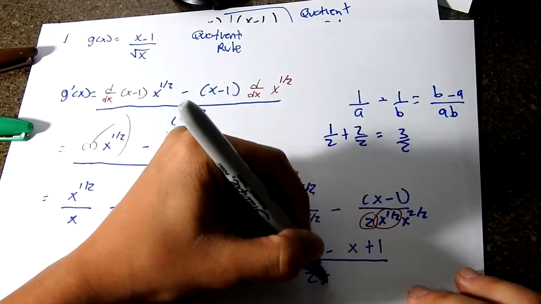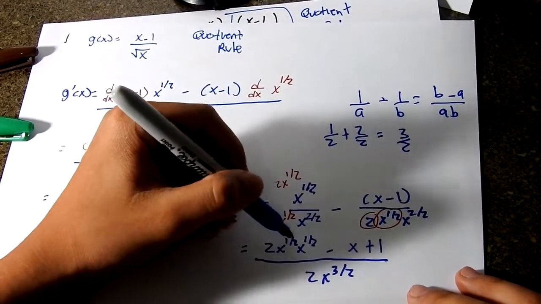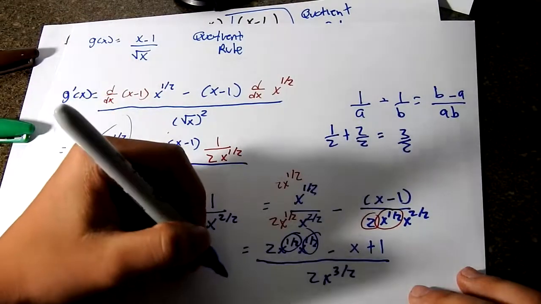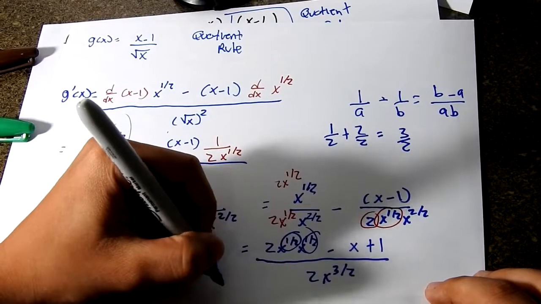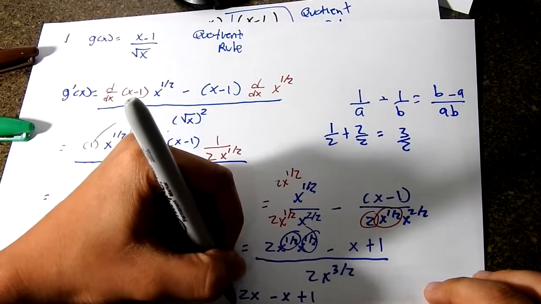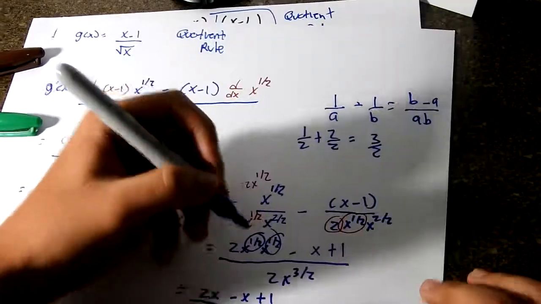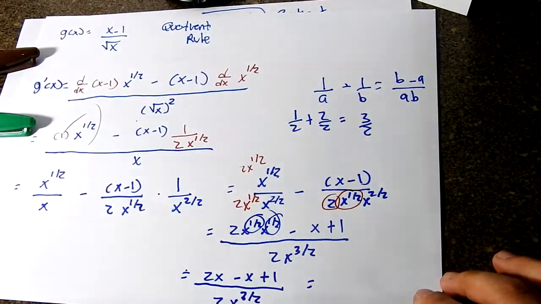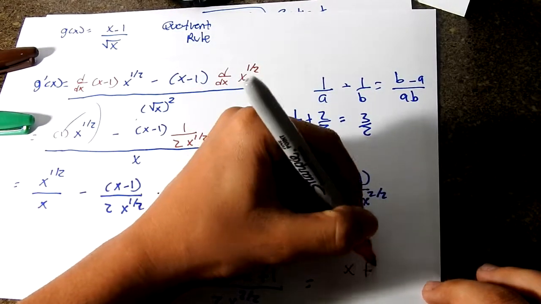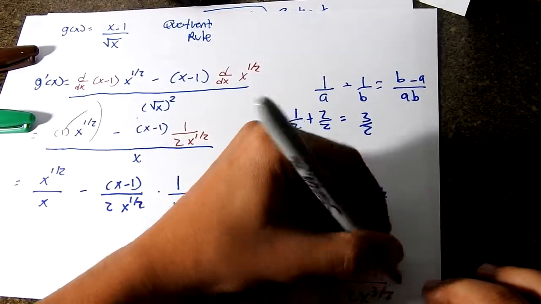And then we have to add these things: 1/2 plus 1/2 is 2/2, which is 1. So we have 2x minus x plus 1 over 2x to the 3/2. So this all simplifies to x plus 1 over 2x to the 3/2.